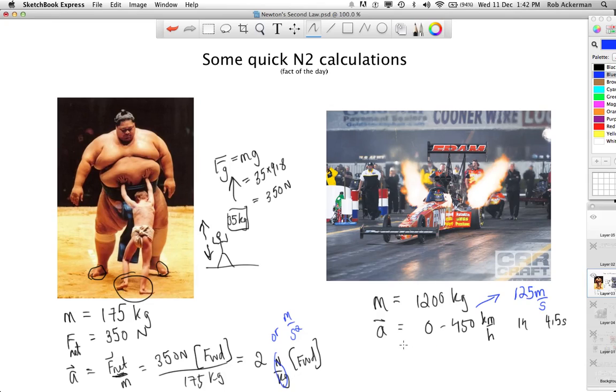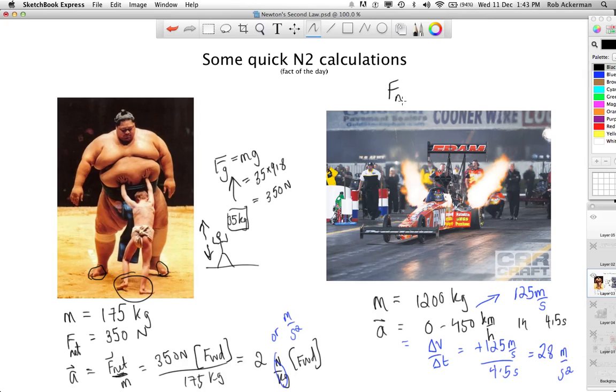And if I'm doing this, this is going to be delta v over delta t. So the change in velocity is a positive 125 meters per second in a time of 4.5 seconds. What's that give me for an acceleration? I get about 28 meters per second squared, which is a lot. So knowing that this kind of car can accelerate like this, and knowing that its mass is that, what is its F net?